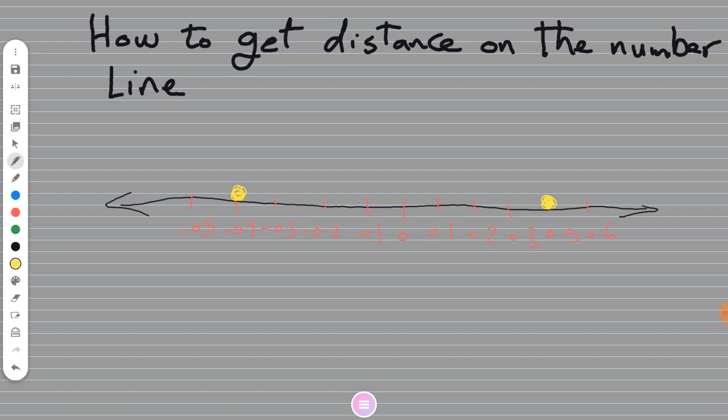Actually, on the number line, I can count it by myself like this. 1, 2, 3, 4, 5, 6, 7, 8. So the distance is 8. Okay?